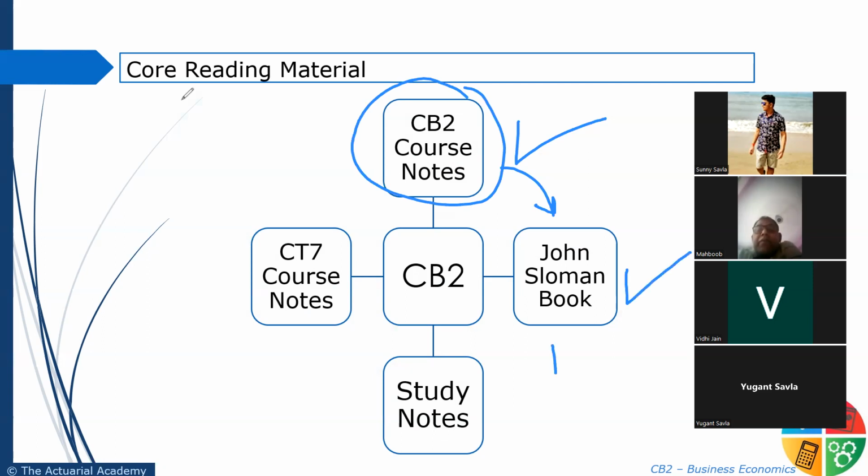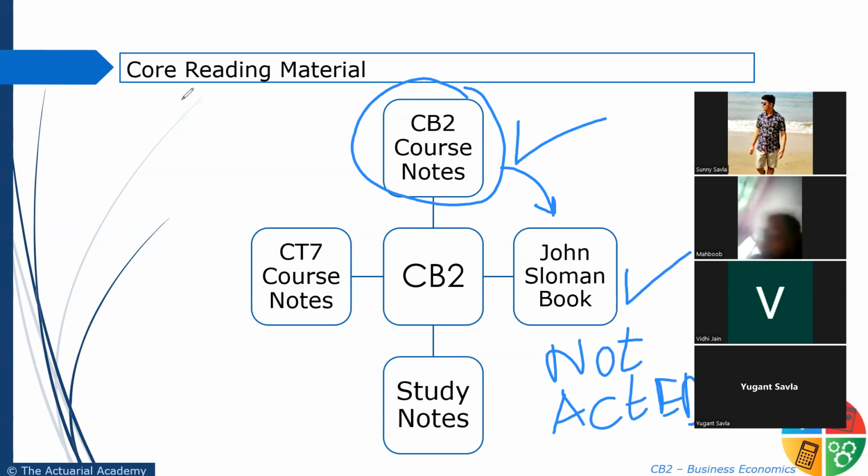This is not published by Acted. It is author specific, written by an economist, John Sloman. So it's an author-specific book that you have to refer to. Also, prior to 2019, CB2 was called CP7. Since 2019, the whole curriculum has changed, but some of the chapters haven't changed.